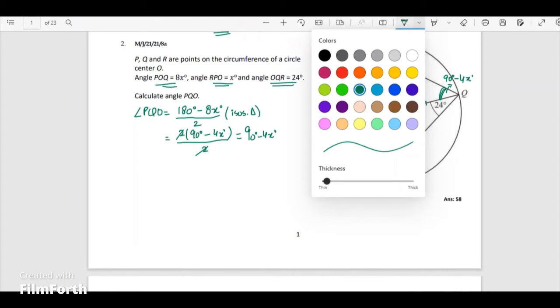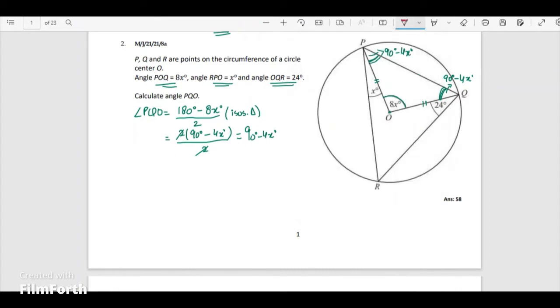What I know already is that in this question, there's only this one angle that's completely known to me, and this is the only number that I could be using for my working. So I need to figure out a way, because right now in this triangle POQ, this angle is not part of this triangle. So I have to include this angle somewhere in my working.